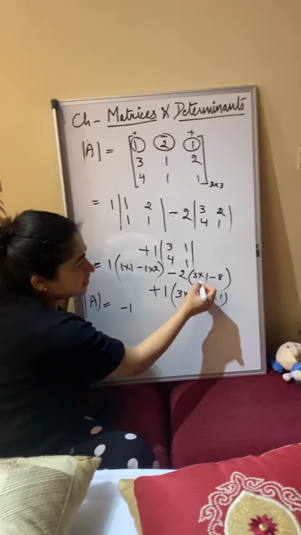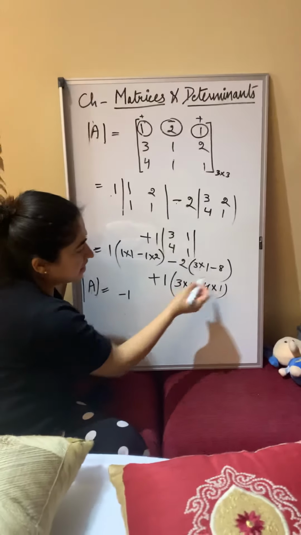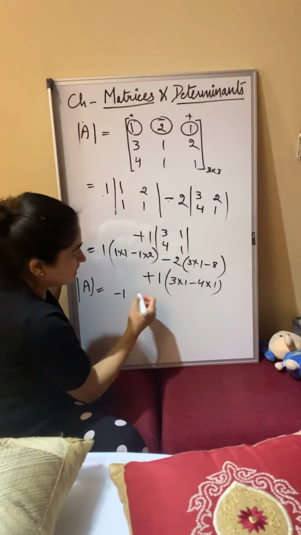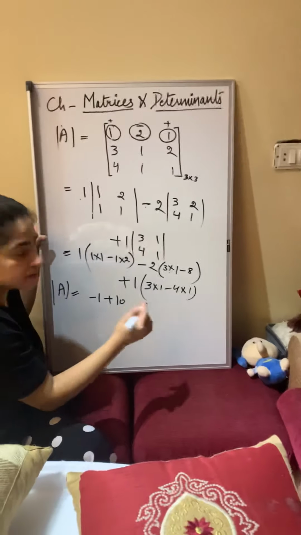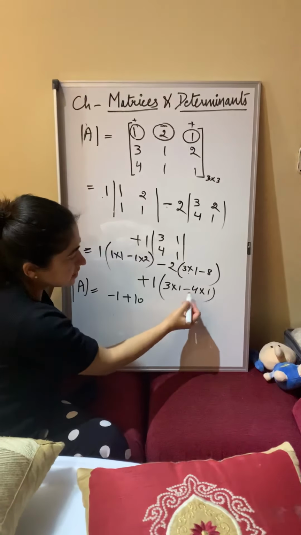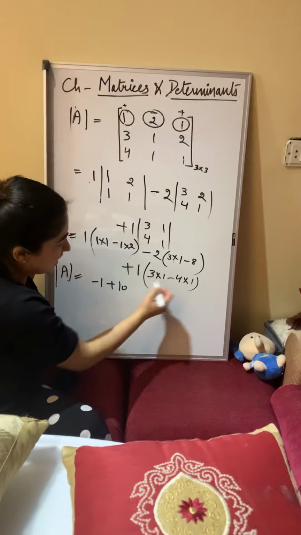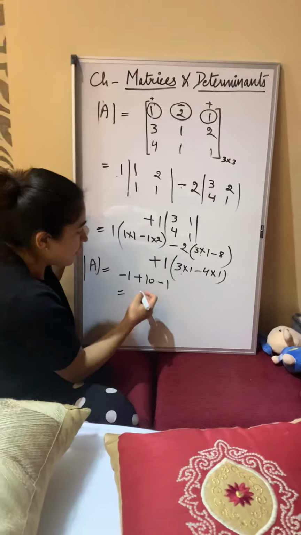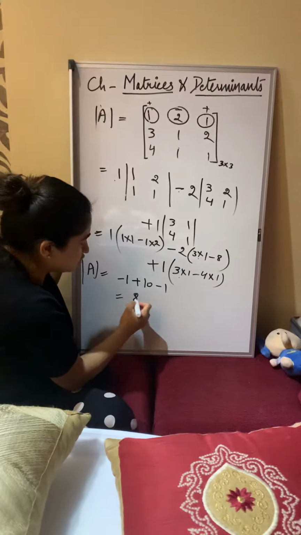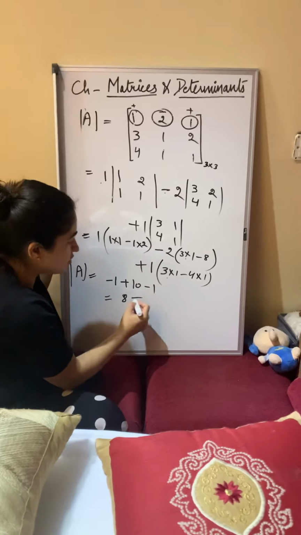The value of this 3 minus 8 is minus 5. Minus 5 into minus 2 is plus 10. 3 minus 4 is minus 1, into plus 1 is minus 1. So the value of our determinant is equal to 8, which is not equal to 0.